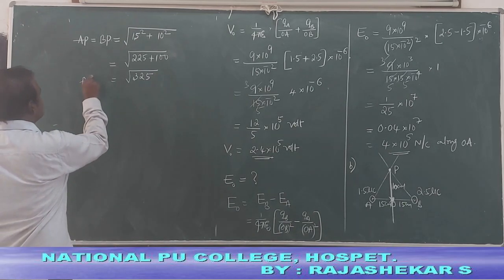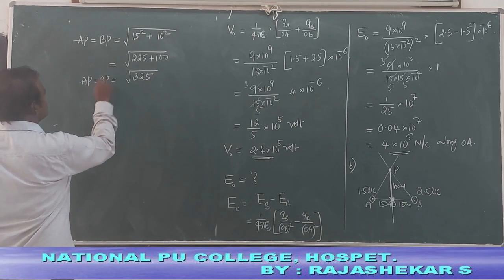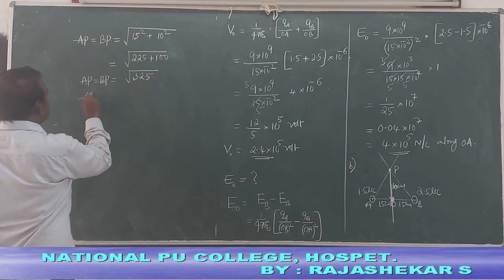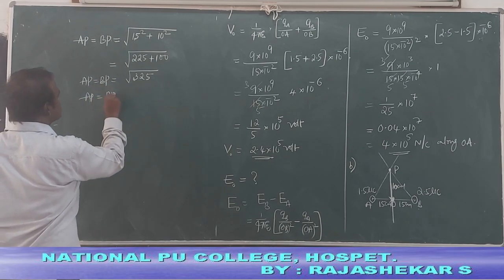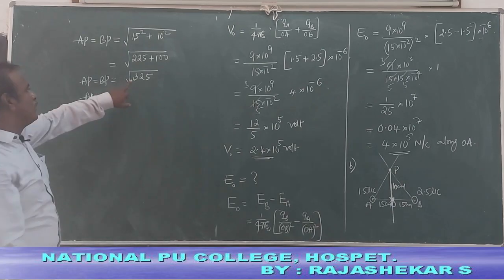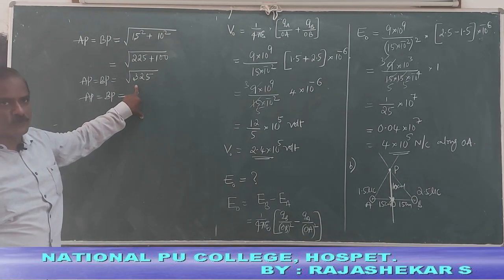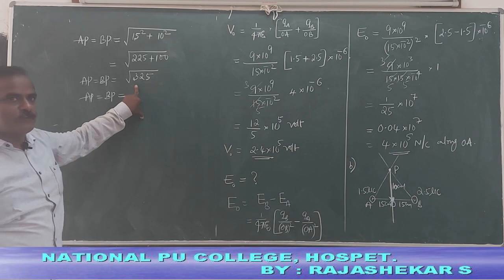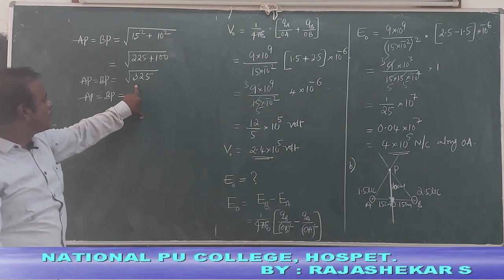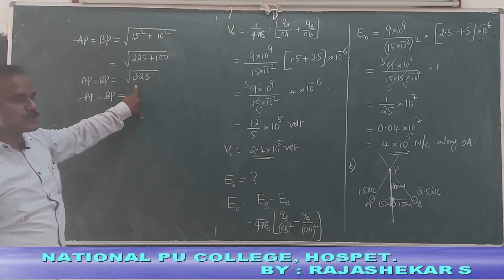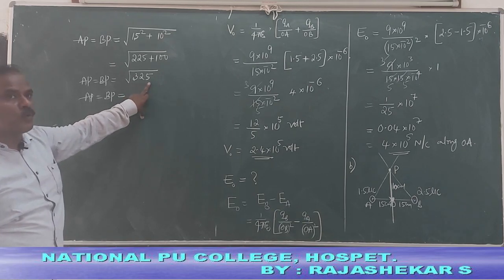This is the AP distance or BP distance, each equal to the square root of 325. And if you remember about squares and square roots, root of 324 is 18.